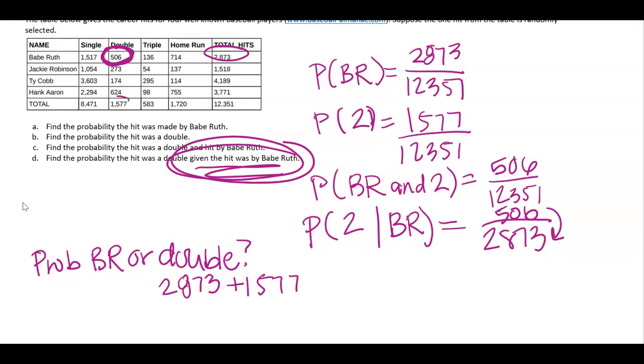But when I add these two totals together, I've counted 506 twice. So I'm going to subtract out the "and," or the intersection, in order to find that probability.